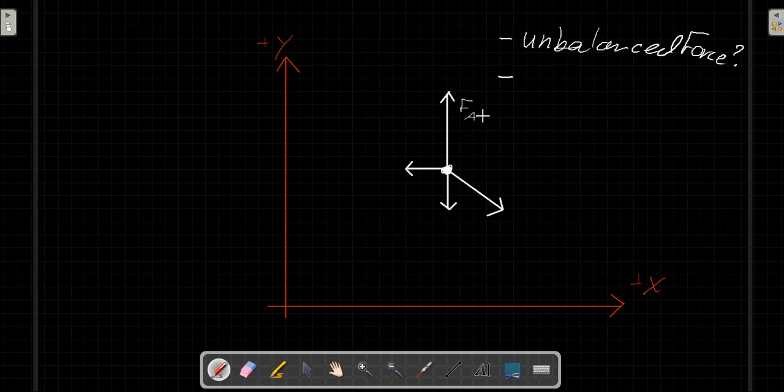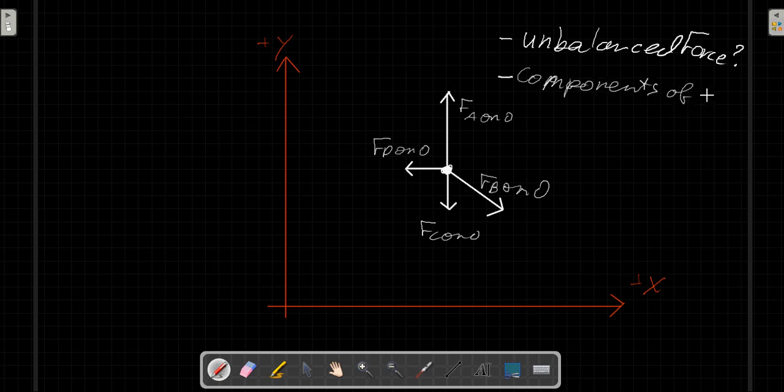We'll call this force A on O, force B on O, force C on O, and force D on O. My other question for you is, what are the components of B, the force exerted by object B? So is there an unbalanced force, and what are the components of B?